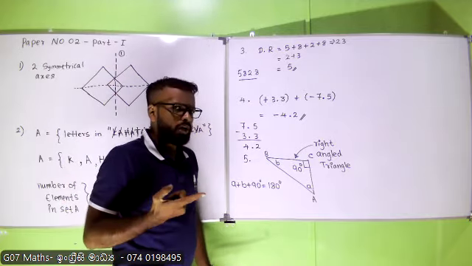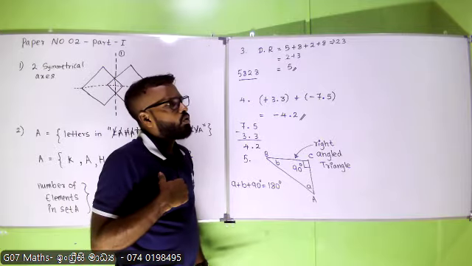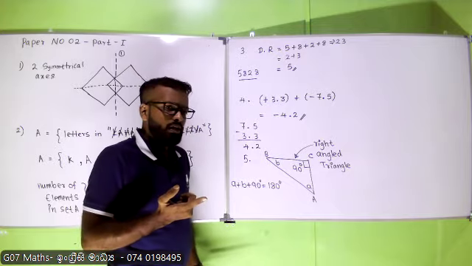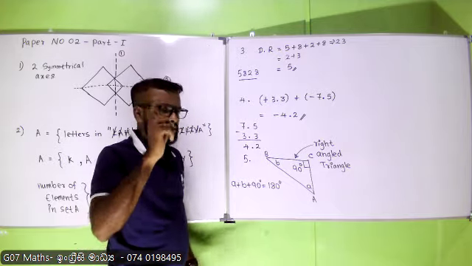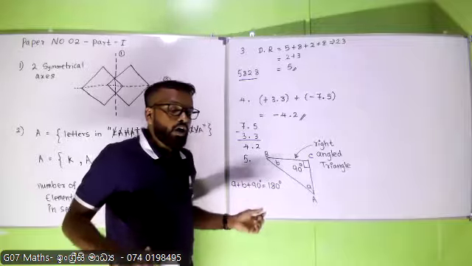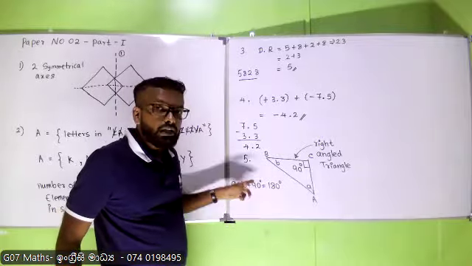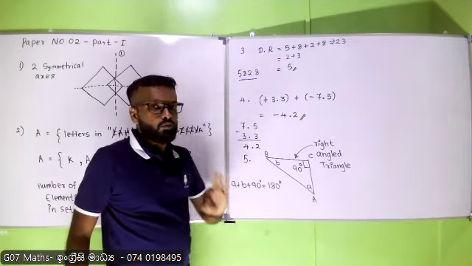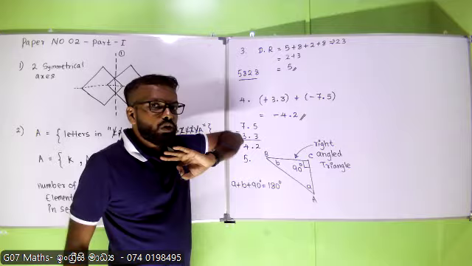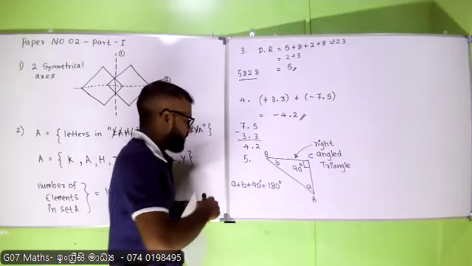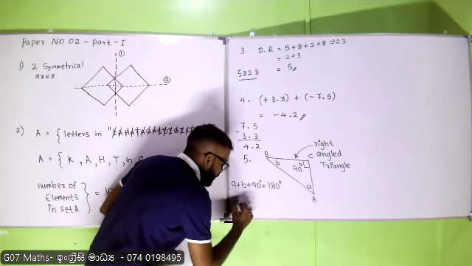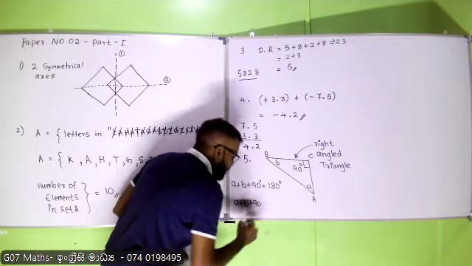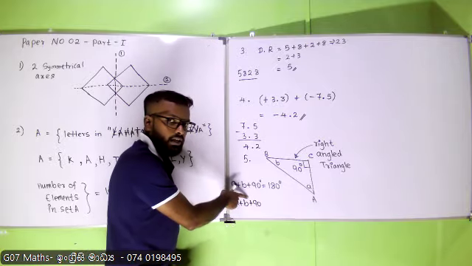This is positive 90. So what is the opposite of positive 90? Negative 90. Yes. So we have to subtract 90 from this side and from this side, from both sides. So A plus B plus 90, here we have plus 90, correct?